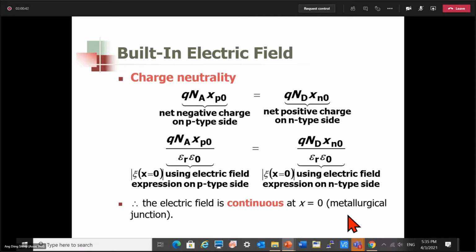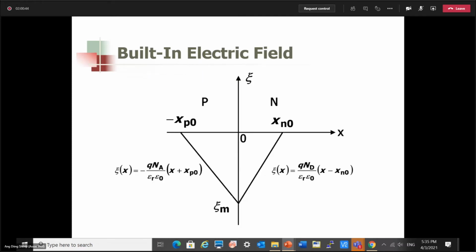So with this answer, we can draw the electric field diagram, or the electric field distribution plot. It simply gives you the variation of the built-in electric field across the PN junction. On the P side, the variation is linear.